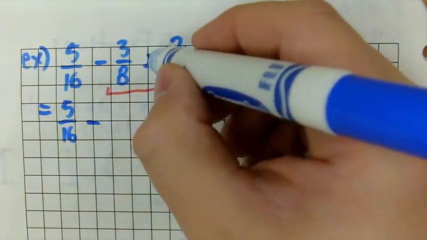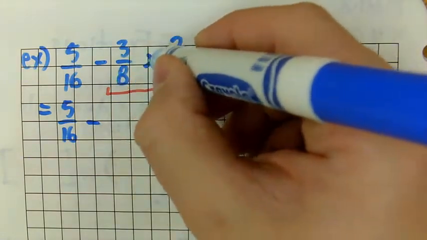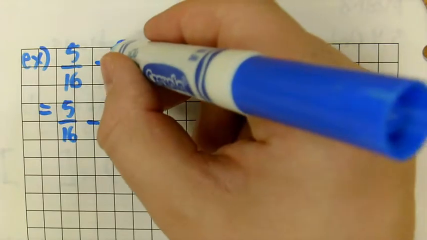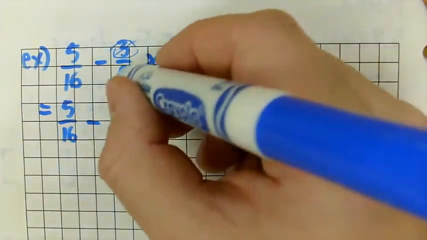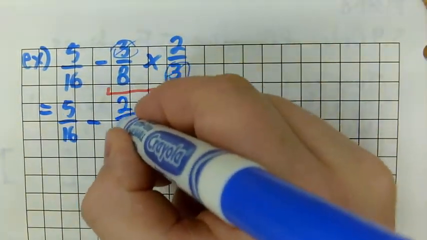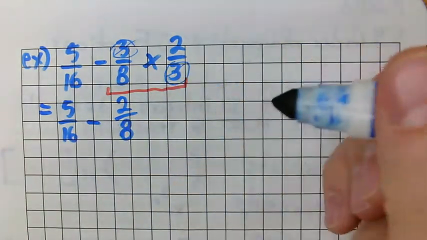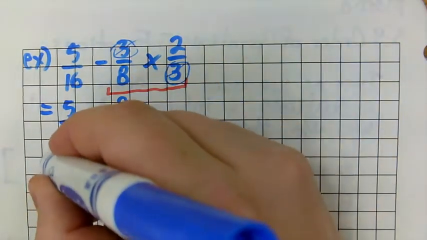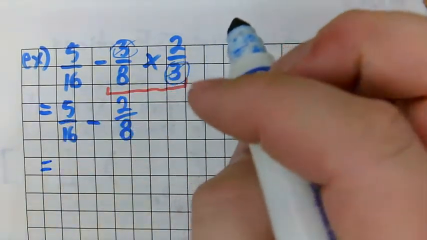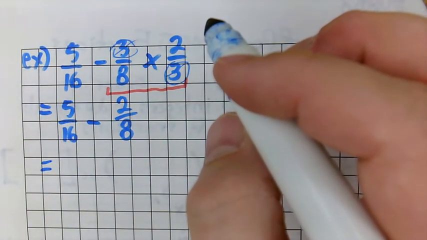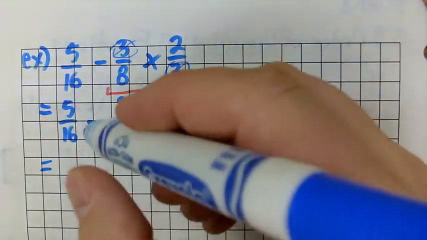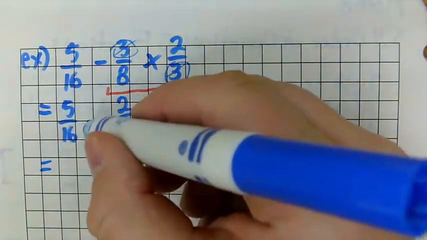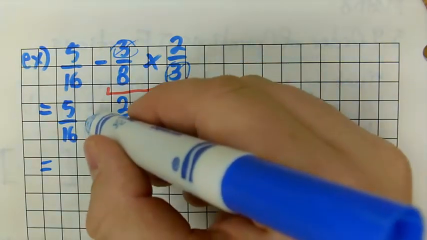Now we have 3 times 2 over 8 times 3. Notice that there are your 3's that could cancel out, right? We'd be left with 2 over 8, which happens to be equal to 1/4. But let's not worry about simplifying till we get to the end, unless there's some arithmetic that we can't figure out ourselves. Now here we've got 5/16 subtract 2/8, but what do we know about subtraction?